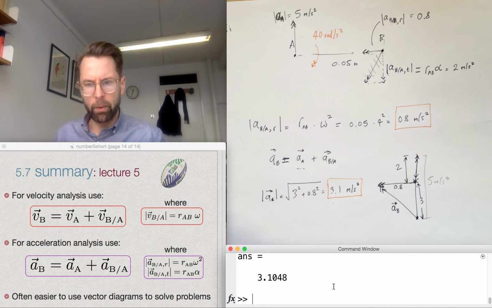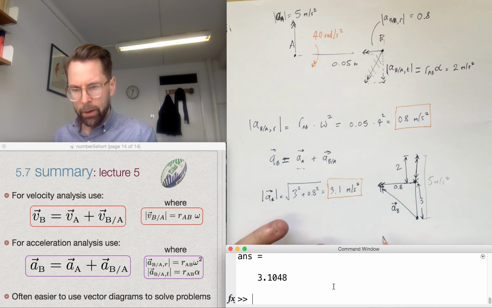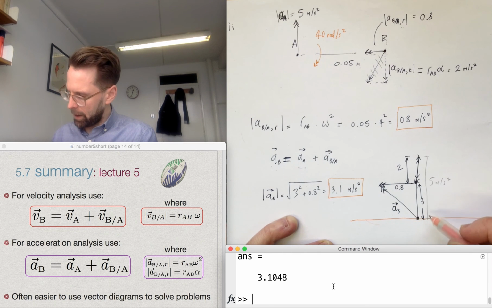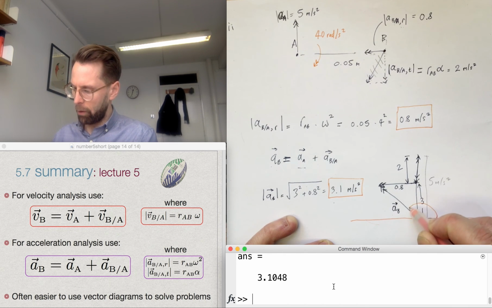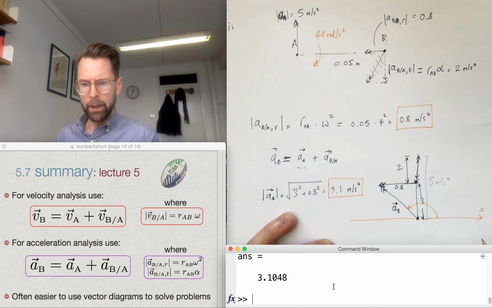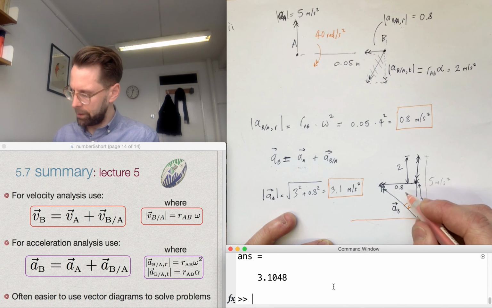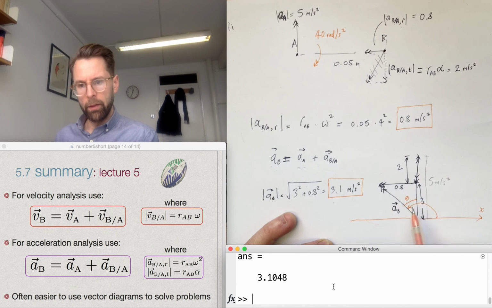And it also asks what the direction is, and we're going to give the direction as an angle from the horizontal, the positive x direction. So what is this internal angle here, theta? Well, the tangent of that angle is equal to the opposite over the adjacent.